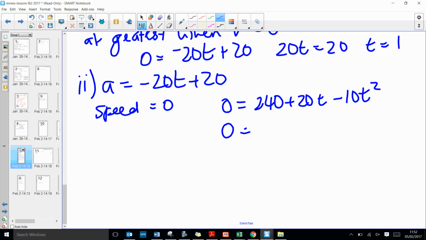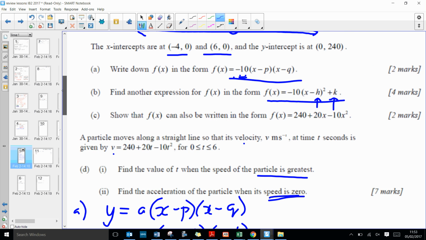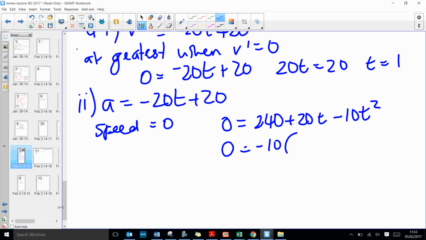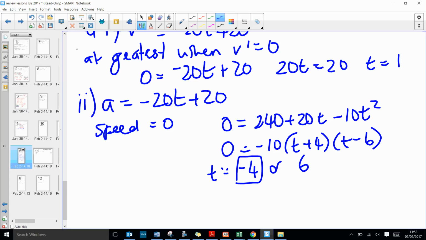I would bring this into factorized format, so I'd go back up to the top, recognizing this is the same. So we can go all the way up here and identify that we've got (x plus 4) and (x minus 6). So we've got (t plus 4)(t minus 6). So it's 0 when t is negative 4 or positive 6. Obviously, time cannot be negative, so it's 0 when t is 6.